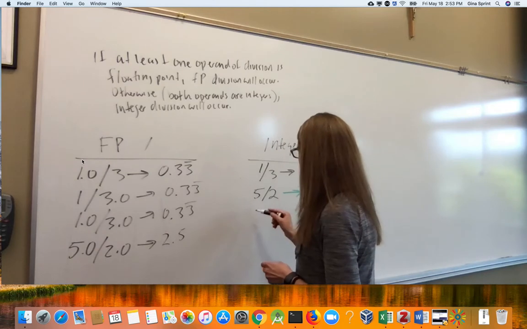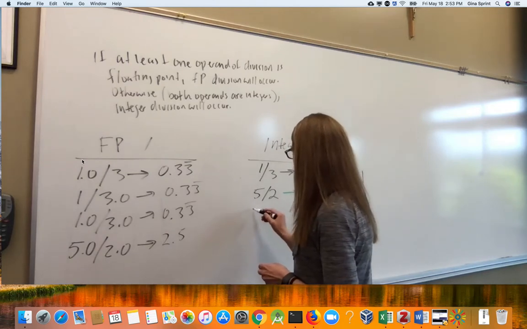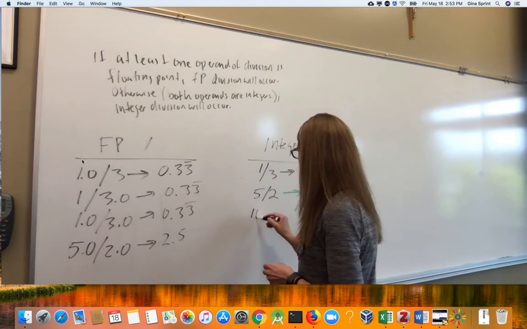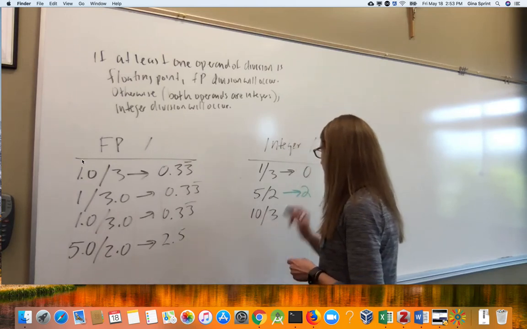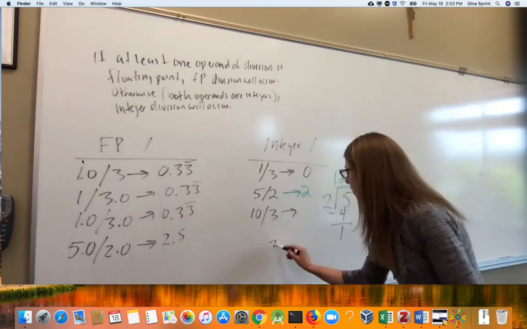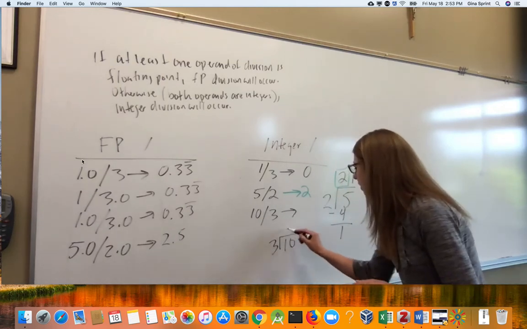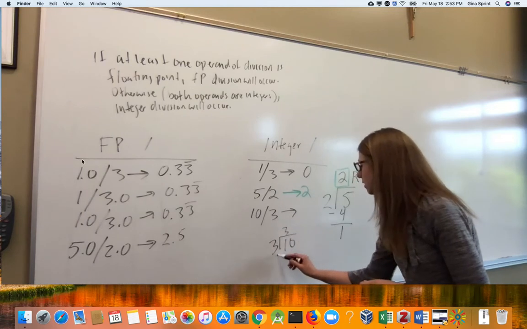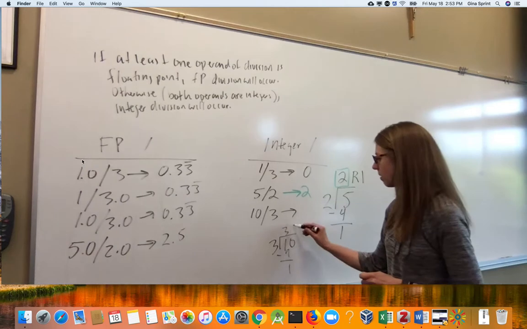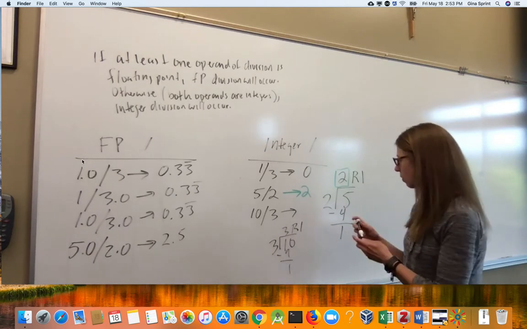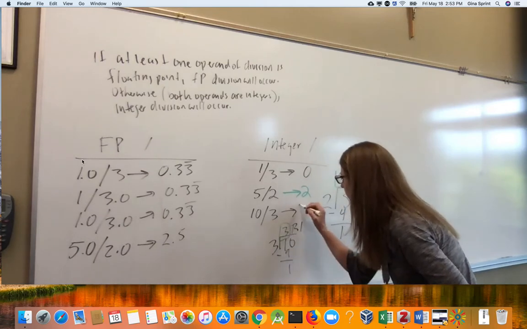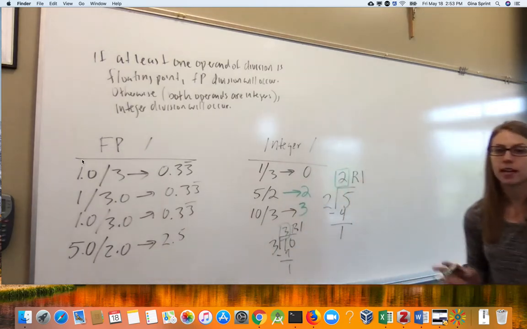How about 10 integer divide 3. So 3 goes into 10 evenly 3 times. 3 times 3 is 9, minus 9 is 1. 3 goes into 1 evenly 0 times, so we get 3, remainder 1. This 3 right here is the result of 10 integer divide 3.